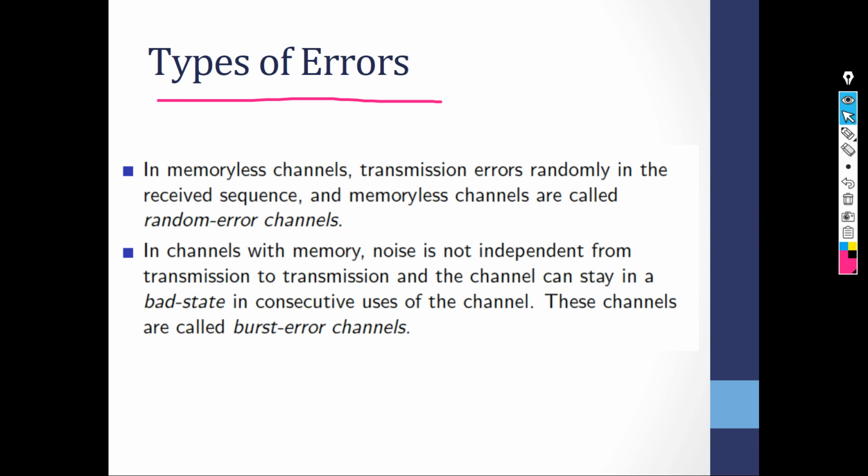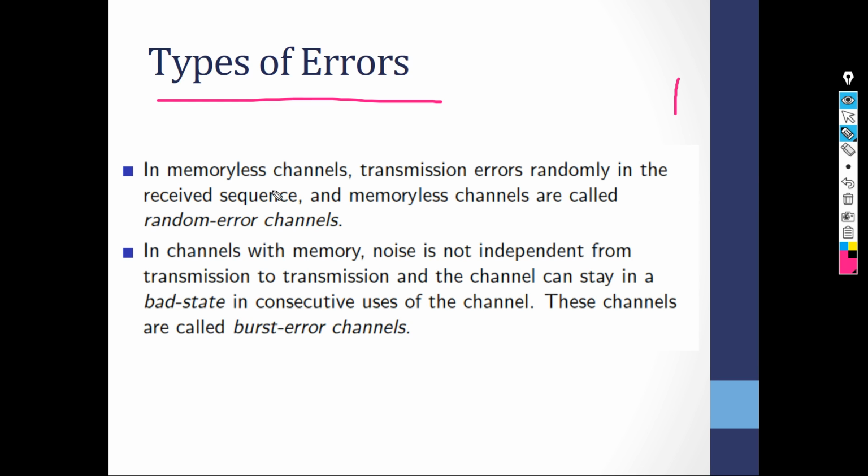Types of errors. There are two types of errors mainly. In memoryless channels, what do we mean by memoryless? There is memory and memoryless. Memoryless means the output bit of the channel does not depend on the previous values. It just depends on the current values.